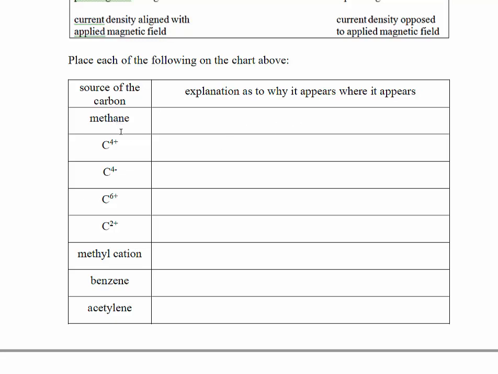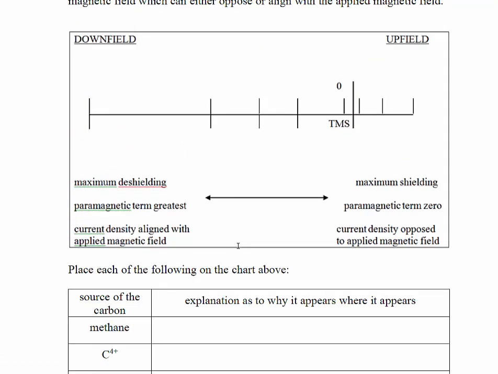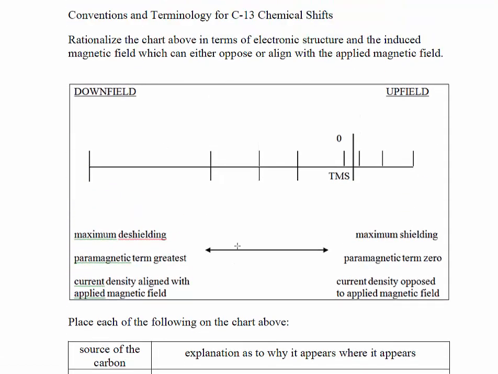Take, for example, this list: first identify which 4 would be more shielded than TMS, then see if you can put them in the right order, and which 4 would be less shielded. Pause the video at this point, come back and check your answers to see if you've laid them out properly on this chart.